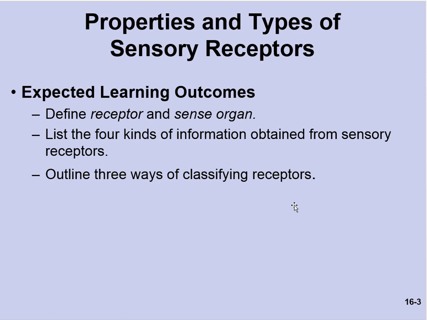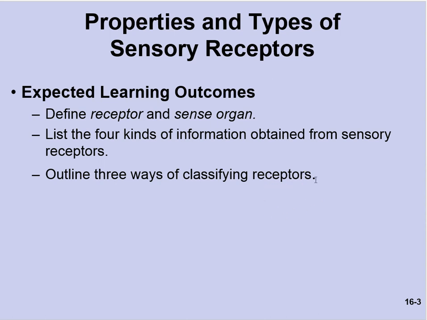In this first section, we'll be looking at the properties and types of sensory receptors. And our learning outcomes or objectives are to be able to define the word receptor and sense organ, list the 4 kinds of information that are obtained from sensory receptors, and outline a few ways of classifying receptors.